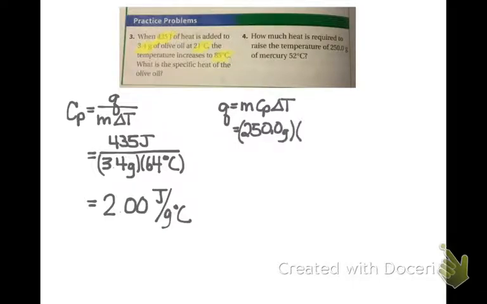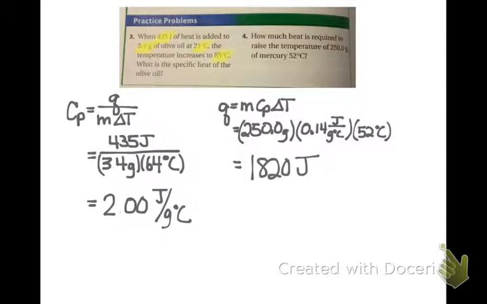I'm going to multiply that by the C sub P, which I got from a table in your textbook, and that's 0.14 joules per gram degree C. And I'm multiplying that by the temperature change, which was 52 degrees. I'm going to multiply all of those together, and I get 1,820 joules.